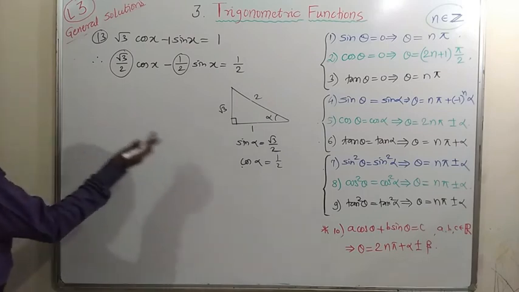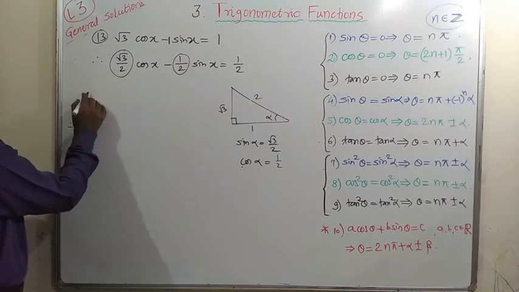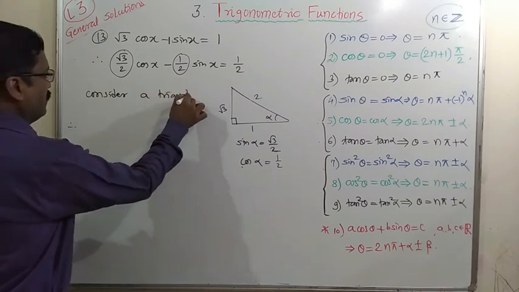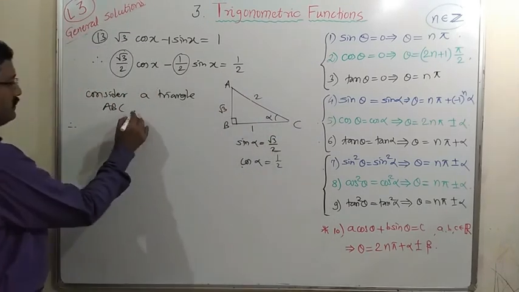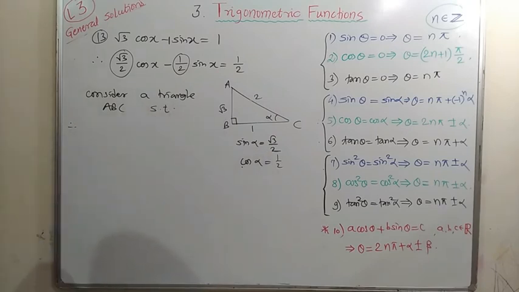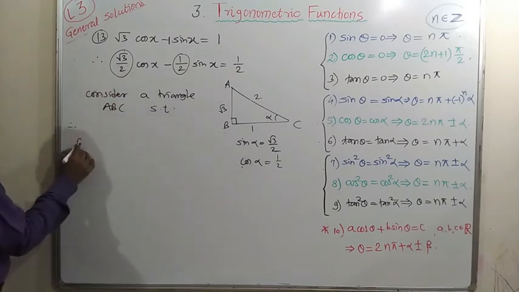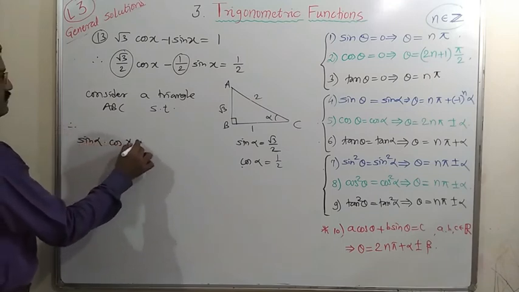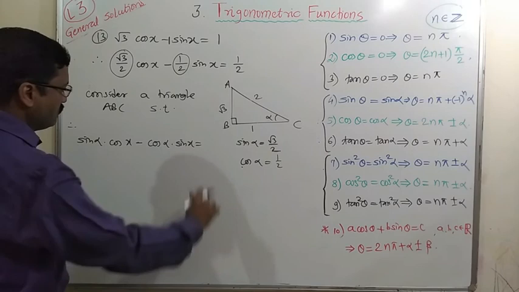Okay, so let us use this here so that the equation becomes, consider a triangle ABC, you can give any name to the triangle, such that sin alpha equals root 3 upon 2. Therefore root 3 upon 2 means sin alpha into cos x, minus half means cos alpha into sin x, is equal to half.